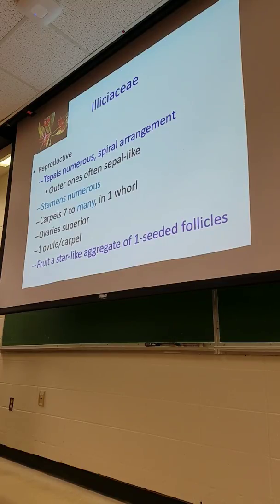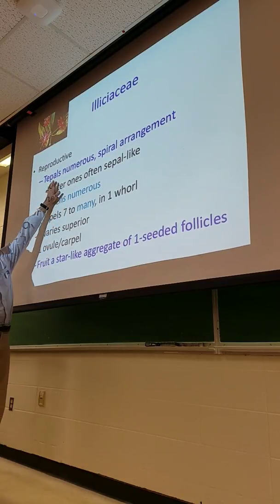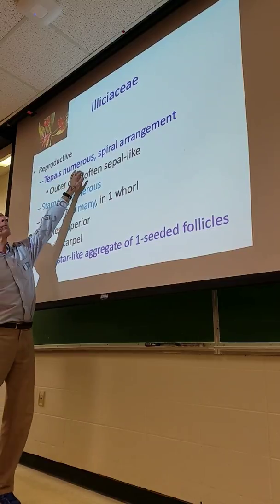By the way, once we get out of some of these first few lectures, we're not going to see tepals very much anymore. So this is very clearly a feature of these basal lineages of flowering plants, to have tepals, where you really can't tell the sepals and petals apart, where you really think that distinct sepals and petals probably evolved later on in angiosperm evolution. And we also have numerous parts again.